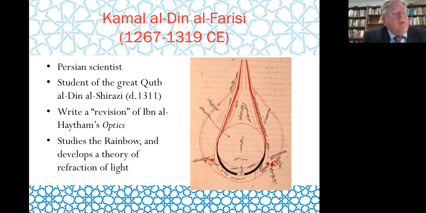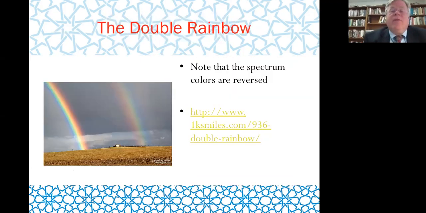Now, the explanation of the rainbow was al-Farisi's best known achievement, which also required a revision of Ibn al-Haytham's theory of colors. Ibn al-Haytham had proposed that the rainbow was produced by sunlight reflected from a cloud. Al-Farisi's model has the sunlight being refracted twice within the body of water droplets.